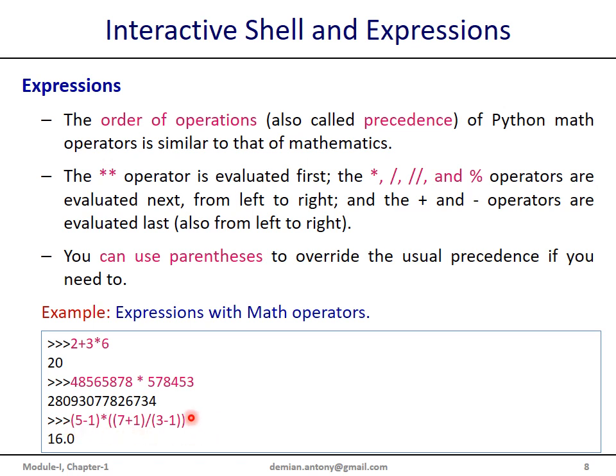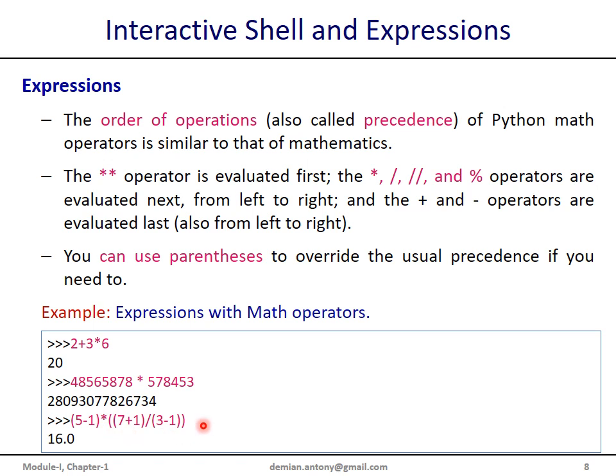The evaluation order of this expression is: first 7 + 1 is evaluated, the innermost nested parenthesis. Then 3 - 1 is evaluated next, the second innermost nested parenthesis, followed by 8 divided by 2, and then the outer parenthesis is evaluated. 8 by 2 is 4, and then 5 - 1 is 4, and this is multiplied, so we get 4.0 into 4.